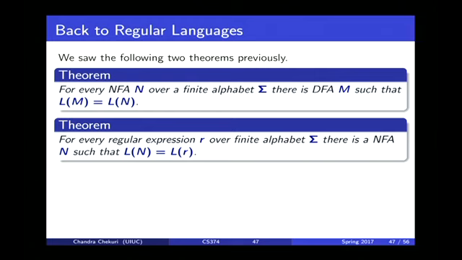Maybe you forgot all of it, right? See, we went one direction, right? We defined regular languages, then we defined DFAs, then we defined NFAs. NFAs are clearly more powerful than DFAs, at least from the definition itself. But we proved that no, they're not more powerful than DFAs because for every NFA, we can convert it into a DFA. And we showed that regular expressions can be captured by NFAs, right?